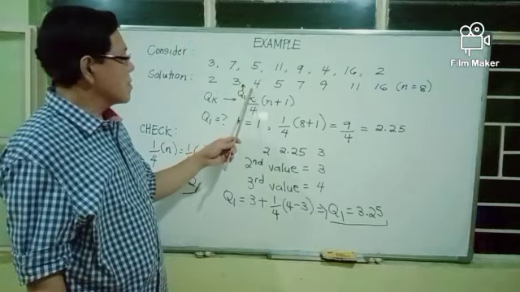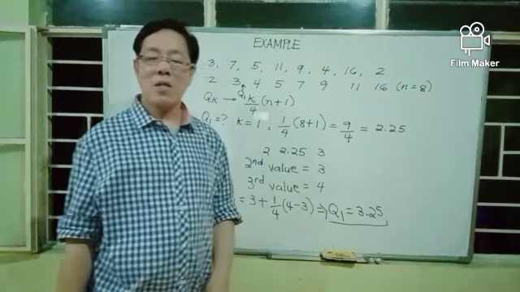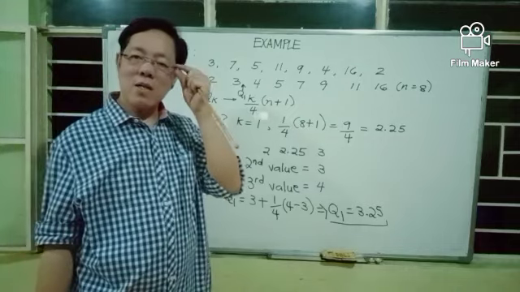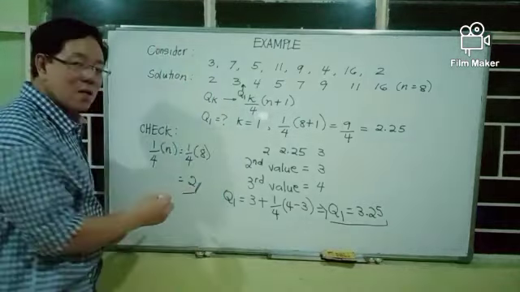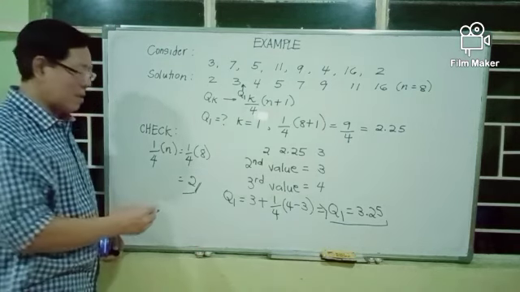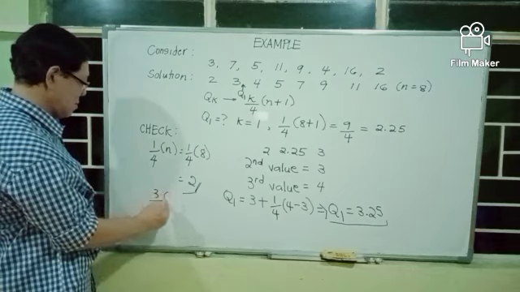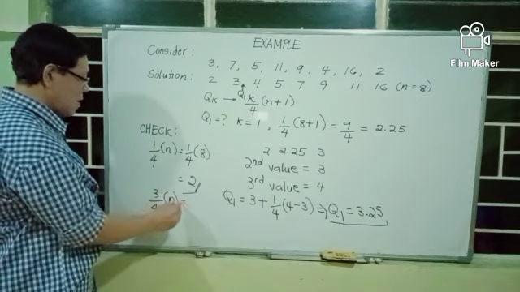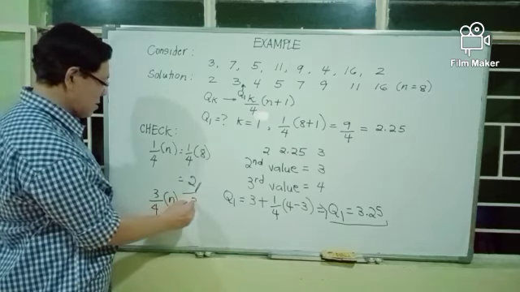And at most, 3/4 of the values are greater than or above the first quartile. We check that. We calculate 3/4 of n. And our number of values given is 8.